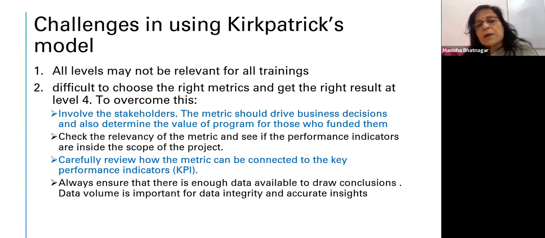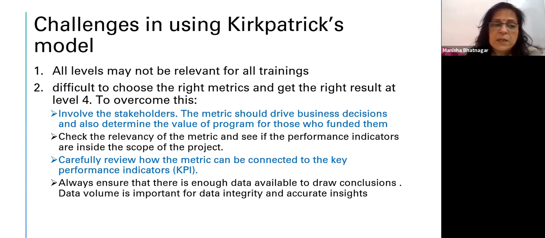It is very difficult to measure level 3 or 4. Level 4 may not be at all relevant. And it is difficult to choose the right metrics and get the right result at level 4. I showed you some metrics earlier, and it's very difficult to choose which metric we should have. You could have a combination of metrics, of course.